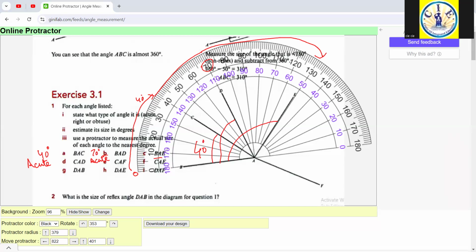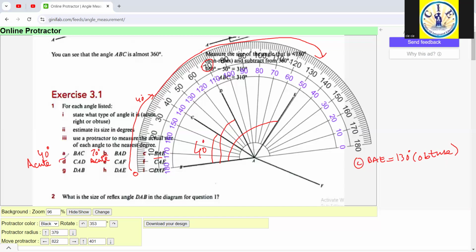So angle BAE for part C equals 130 degrees. So what type of angle is it? It is an obtuse angle.